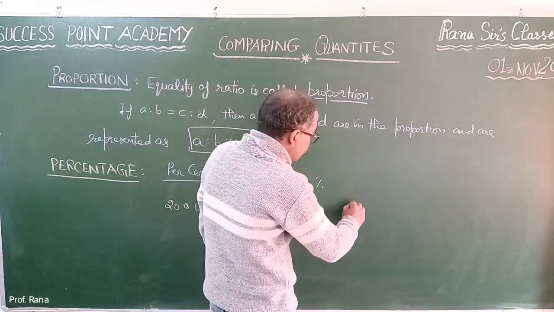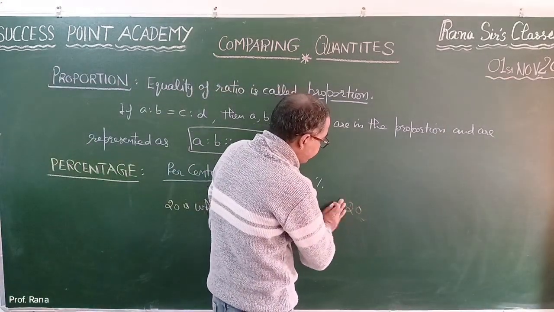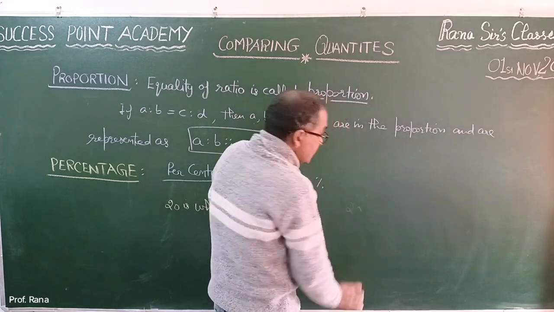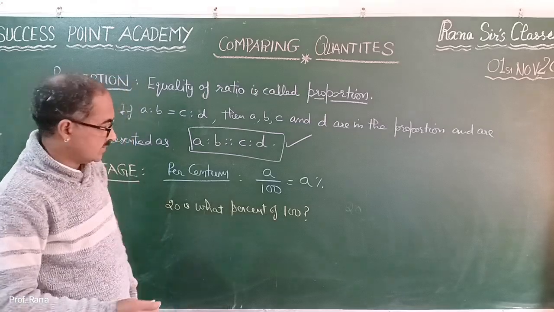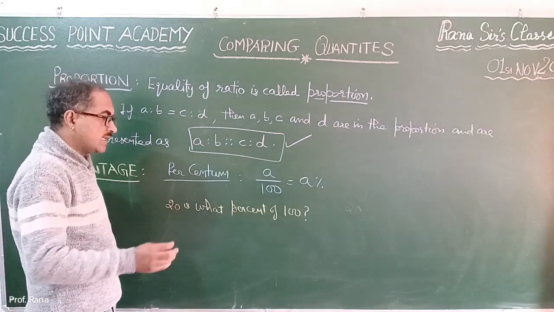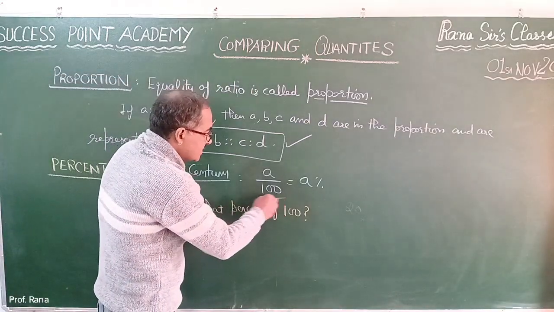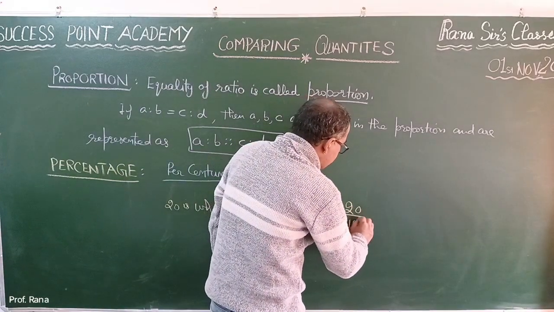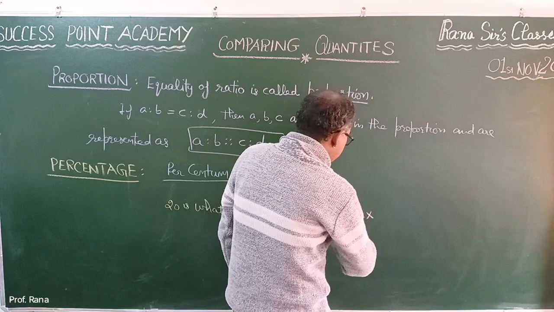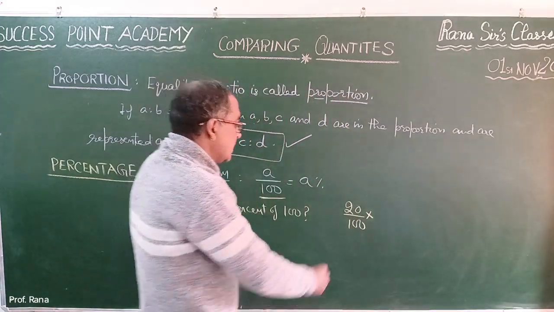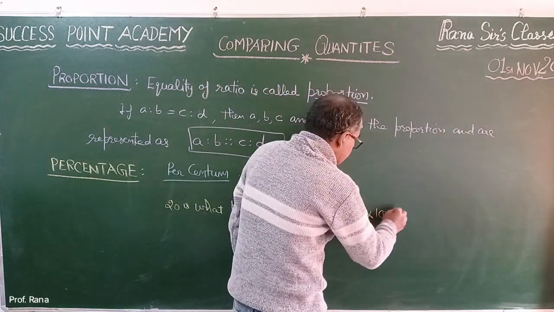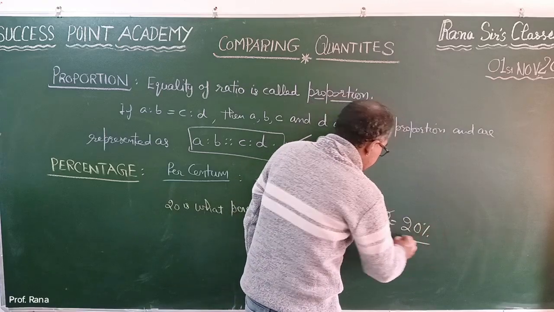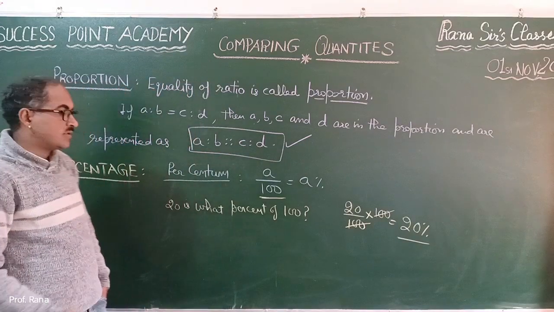We will write it as 20 is what percent of 100. We will write it as 20 upon 100 into 100. They will cancel out and it is 20%. 20 is out of 100, 20.